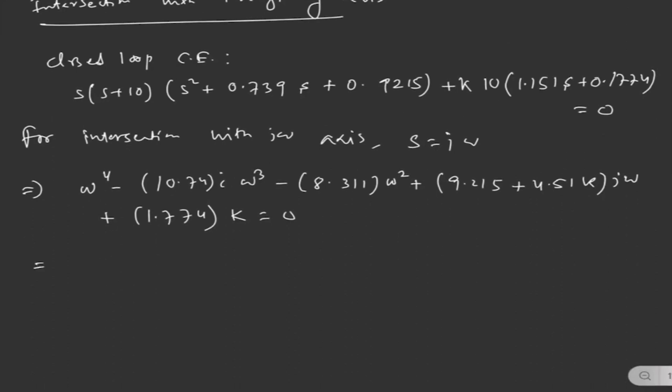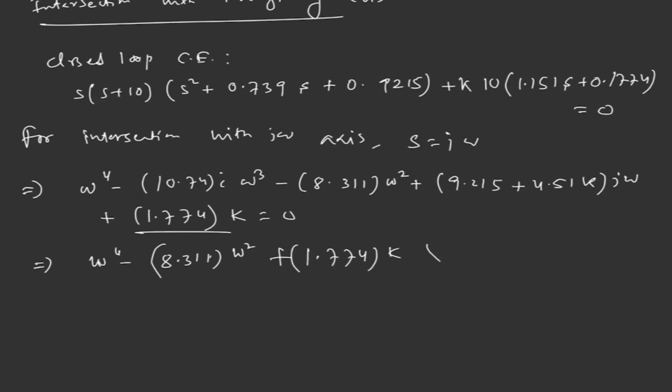So we can write the real part: omega to the 4 minus 8.311 omega square plus 1.774 into K. And the imaginary part: 10.74 omega cubed minus 9.215 plus 11.51 K into omega equal to 0.